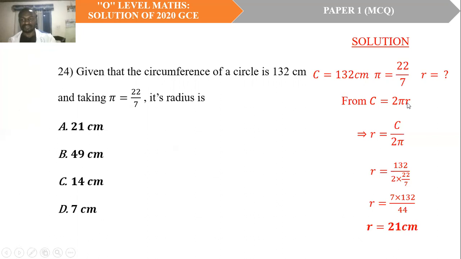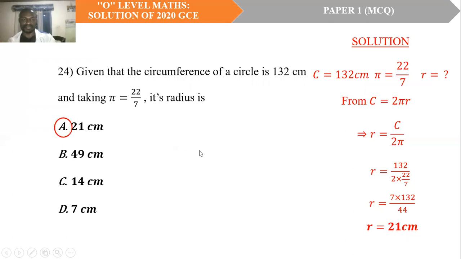Making radius the subject, we divide both sides by 2 pi. Radius will be circumference divided by 2 pi. Substituting the corresponding parameters, we have radius will be 132 over 2 times 22/7. Simplifying this, we have 7 times 132/44, which gives radius to be 21 centimeters.